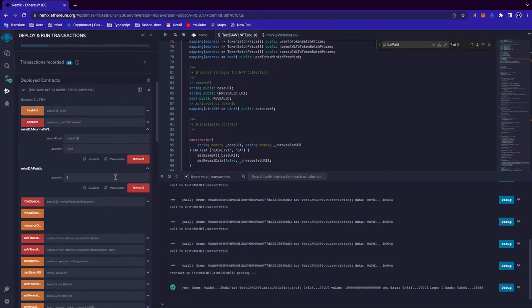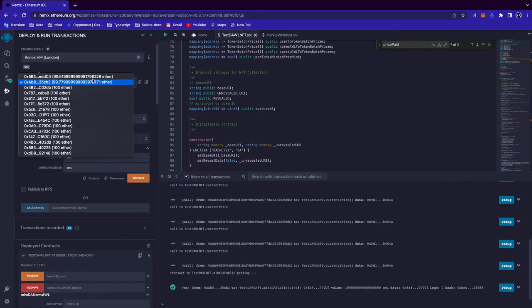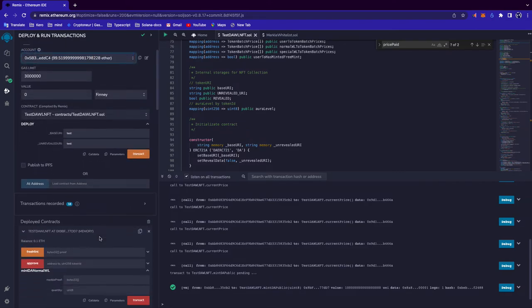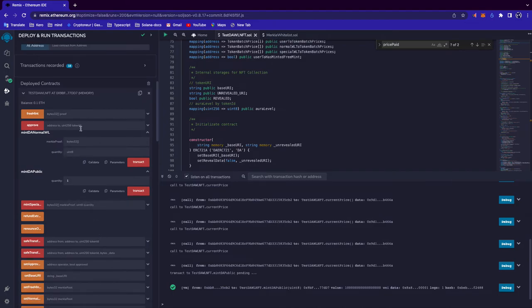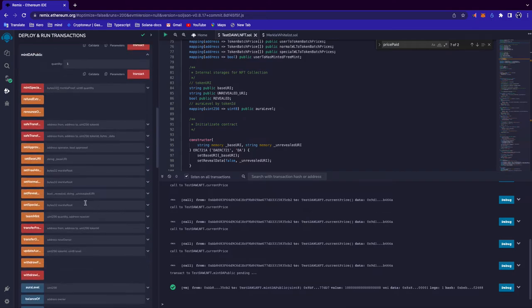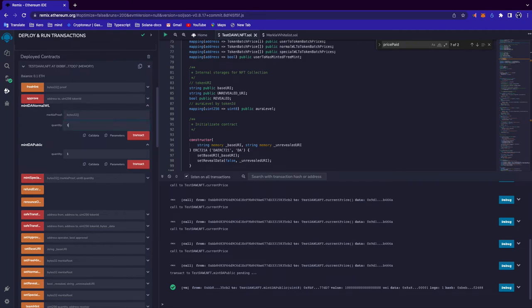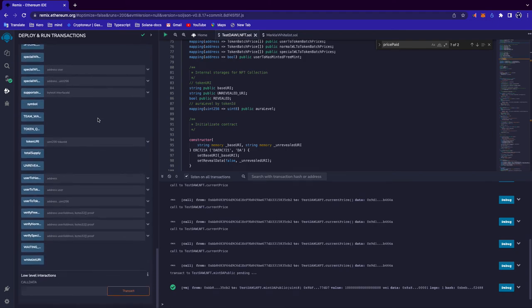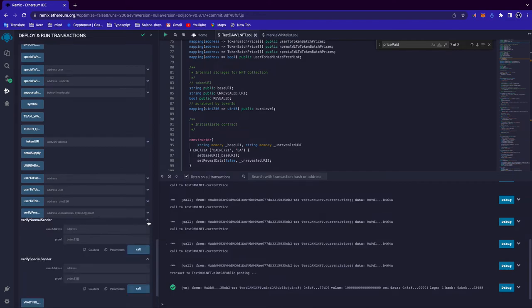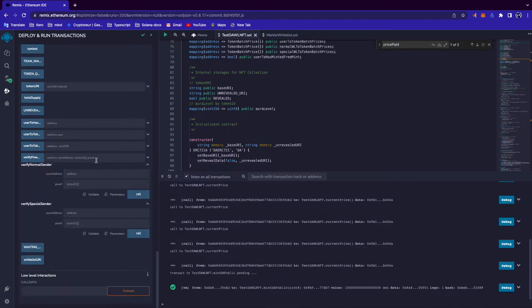The transaction finished successfully. Then for the normal whitelist, we also have a special whitelist mint function as well. In this case, we need to input the Merkle proof. The Merkle proof is derived from the whitelisted addresses, which we record before the minting.